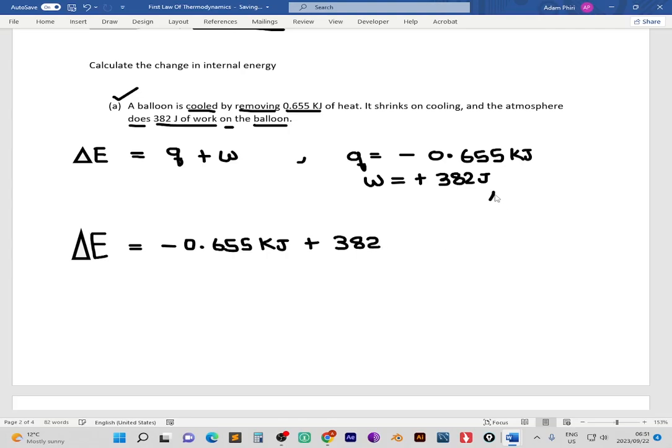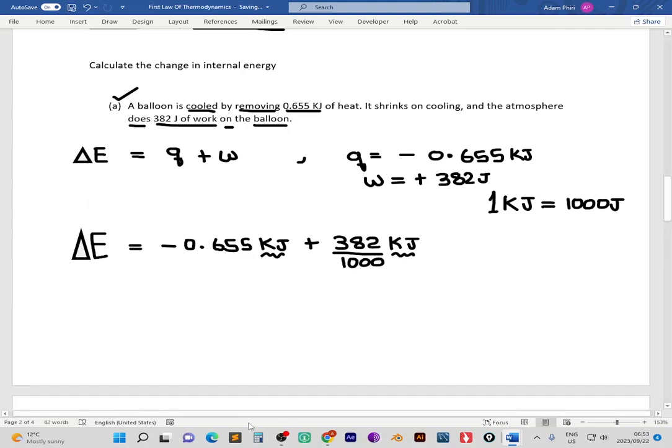Once again you can see that the units are not the same. We know that 1 kilojoule, kilo means 1,000, so that's going to be 1,000 joules. So converting joules to kilojoules, a small unit to a bigger unit, we divide by 1,000 and the unit becomes kilojoules. So units are now the same, then we can do our addition or subtraction.